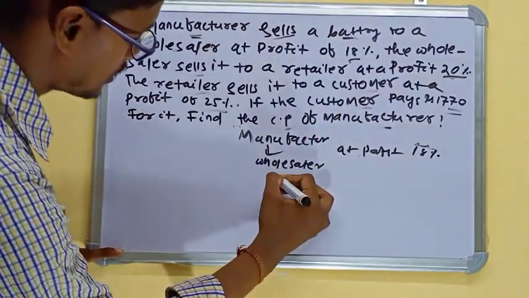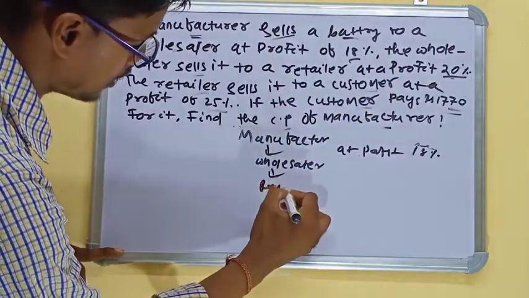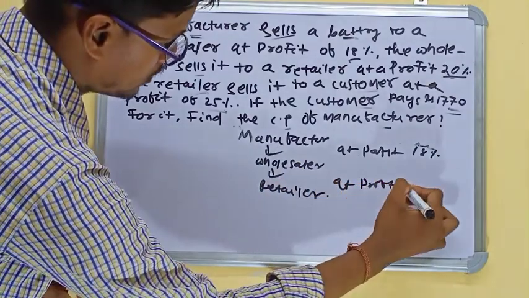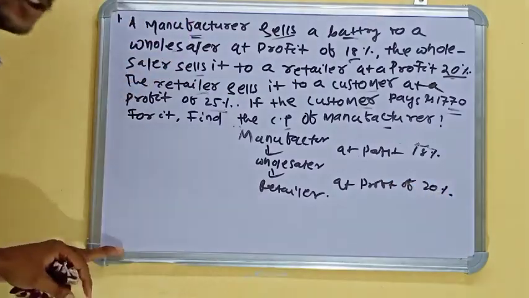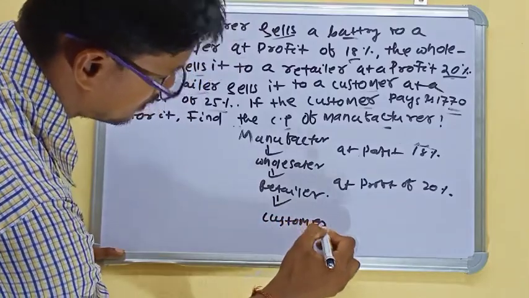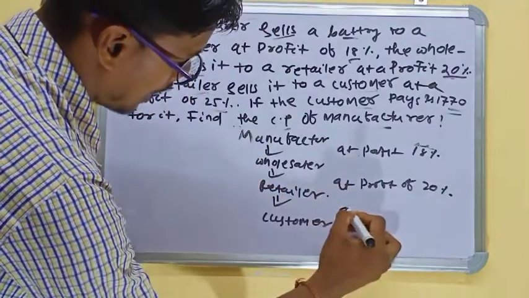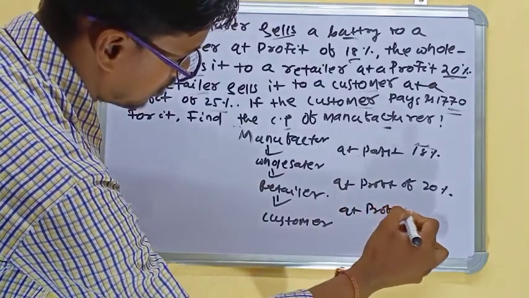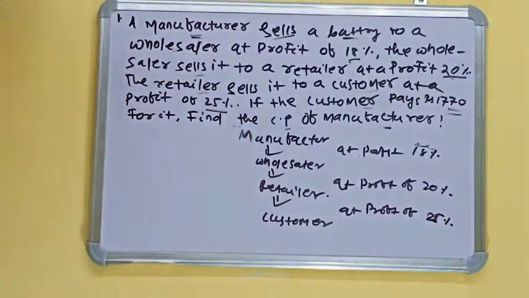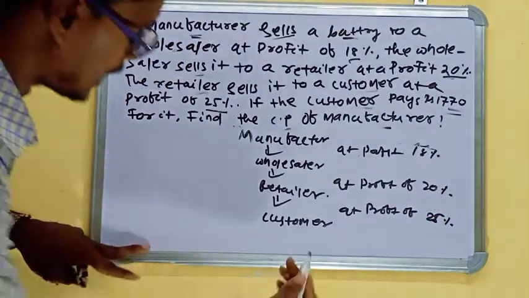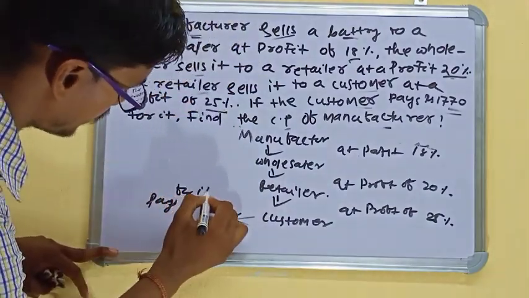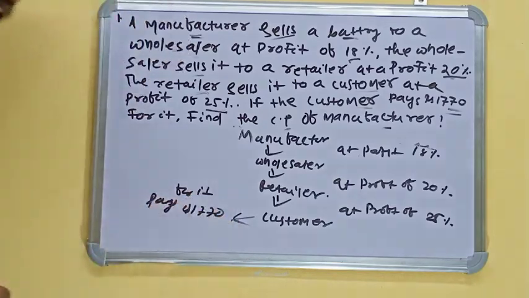Then the wholesaler sells it to a retailer at a profit of 20%. Then the retailer sells it to a customer at a profit of 25%. At the end the customer pays rupees 1770 for it.